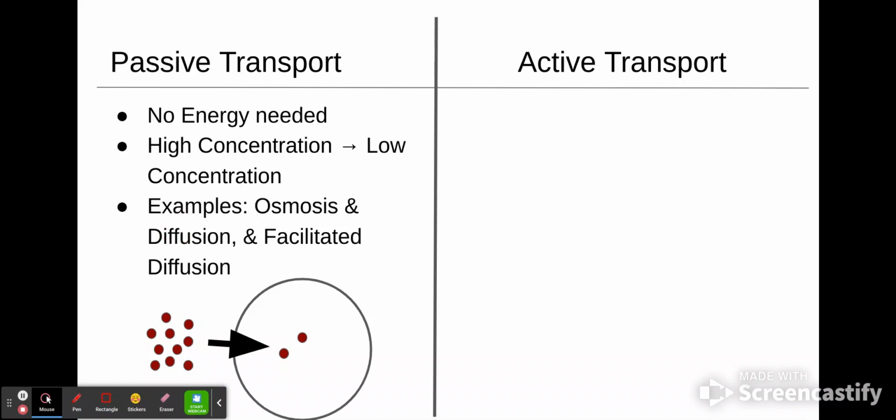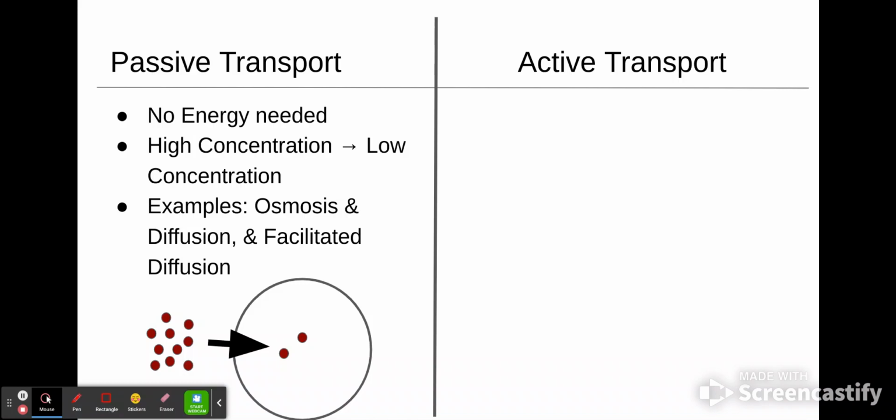Our examples of passive transport include osmosis and diffusion, which we know about, but also facilitated diffusion, which we're going to talk about, what the heck that is. So osmosis, diffusion, and facilitated diffusion.